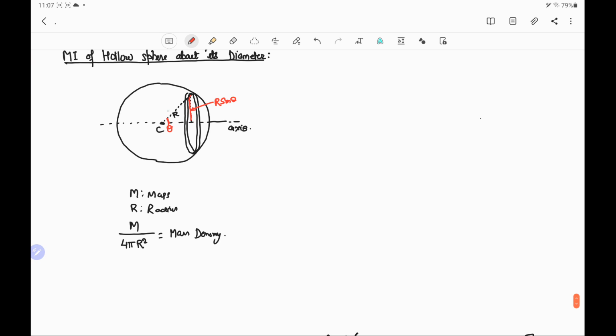And this ring has some thickness which subtends an angle d theta at the center. So this thickness we can take using the formula angle equal to arc by radius. Angle is d theta, radius is r, so arc, or this thickness of the ring, can be considered as r d theta.